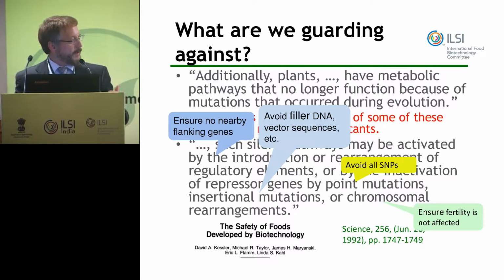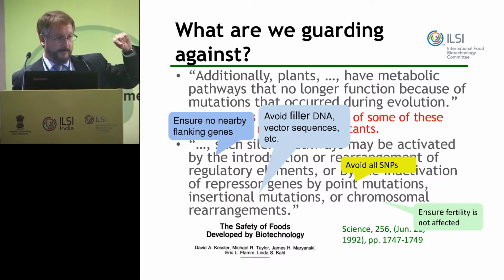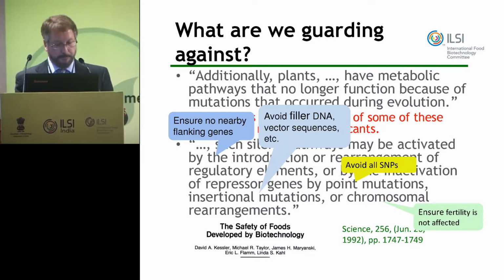So part of the assessment process is we avoid all SNPs. This was well before they knew that maize had 55 million SNPs. The question for today is, given that the first 55 million SNPs are not dangerous, why is the 55 millionth and first SNP a problem? We avoid filler DNA, or vector backbone sequences and whatnot.